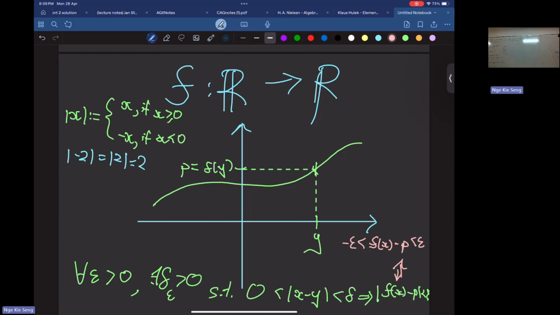You can play further algebra here. This means f(x) is in between p plus epsilon and p minus epsilon. But do you know what is p plus epsilon and p minus epsilon now? I told you what p is already. Epsilon is just some positive number.